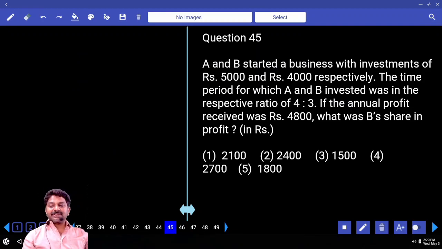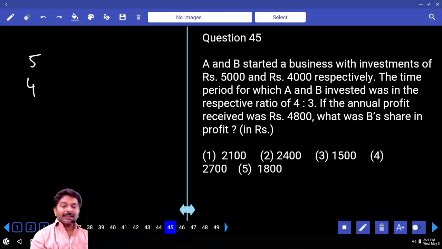A and B started a business with investments of 5,000 and 6,000 respectively. The time period for which A and B invested was in the ratio 4:3. If the annual profit received was 4,800, what was B's share of profit? Investments are in the ratio 5:4. Time periods are in the ratio 4 and 3.